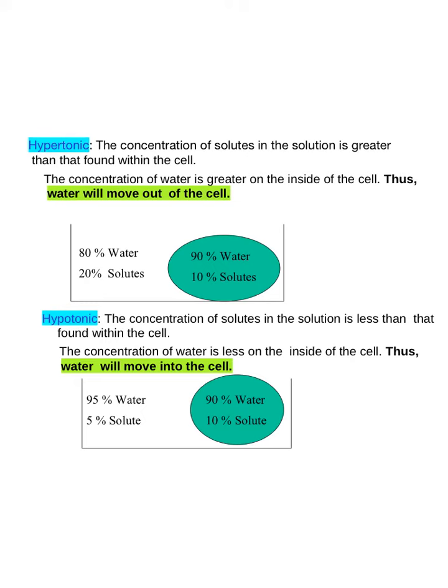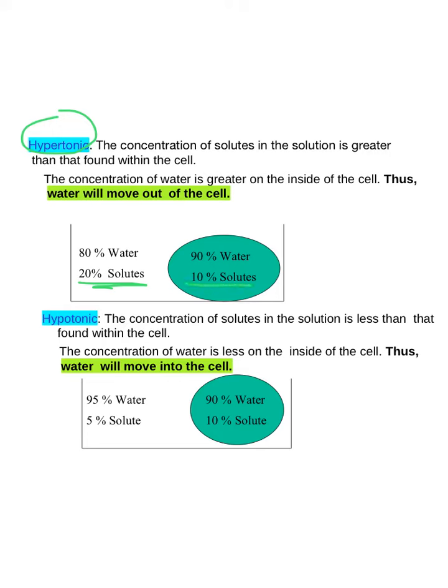Now, isotonic isn't all that exciting because nothing seems to be happening. But these next two, you're going to see something happening for sure. Hypertonic. Hyper means more than, greater than. So if we're talking about a hypertonic solution, remember you're always looking at the solution. That means the concentration of solutes is greater than that in the cell.